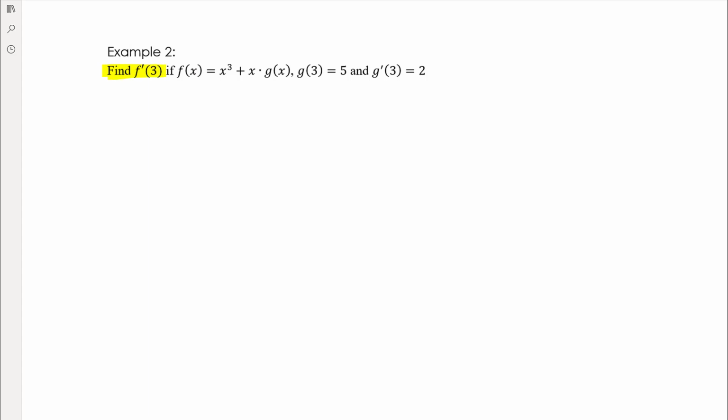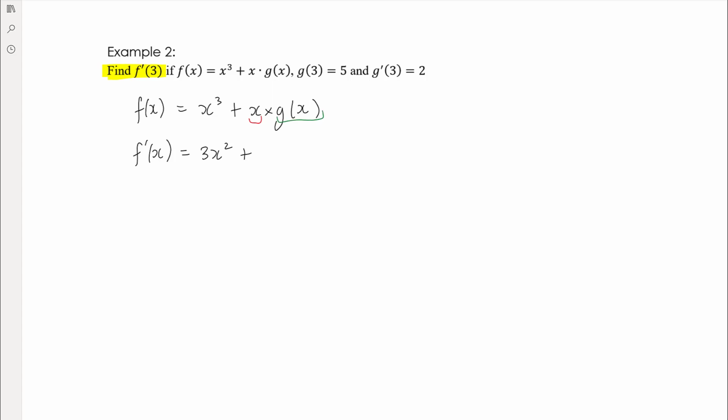So if we want to find the derivative of f when x equals 3, the first thing we need to focus on is finding the derivative of f. Okay, so f of x, in this case, is x cubed plus x times g of x, which means that f dash of x will be 3x squared plus, and now here we've got a product, x times g of x.